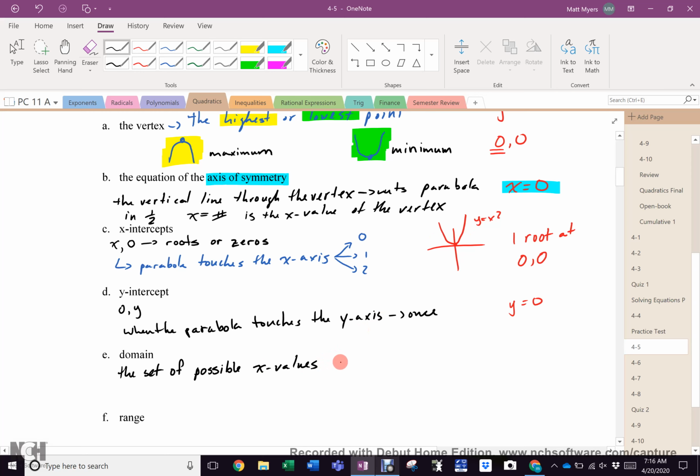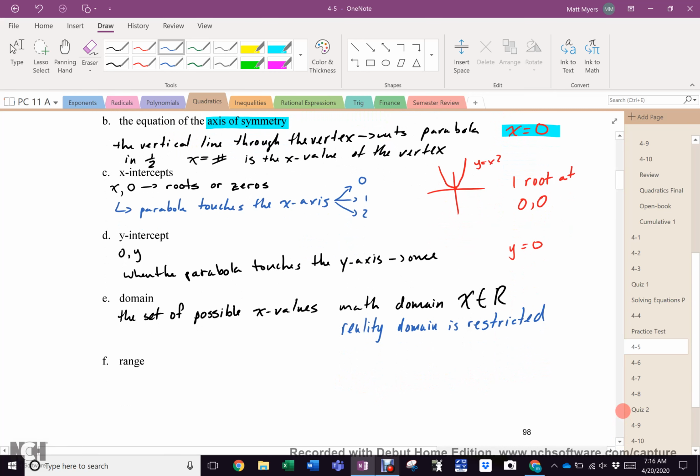So in math, the domain x is a set of all real numbers. You can always put a number in for x. But in reality, the domain is often restricted. For example, if we were doing a graph of time, we couldn't have negative time.